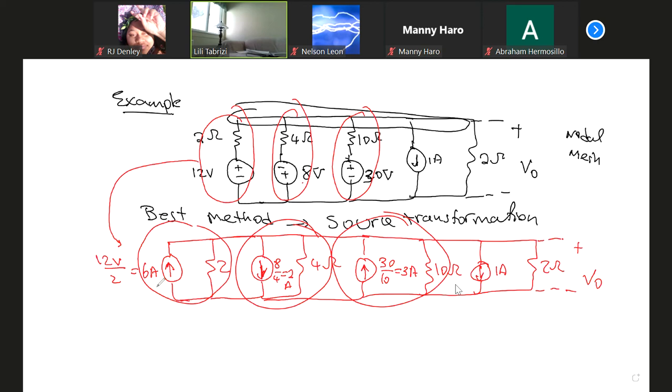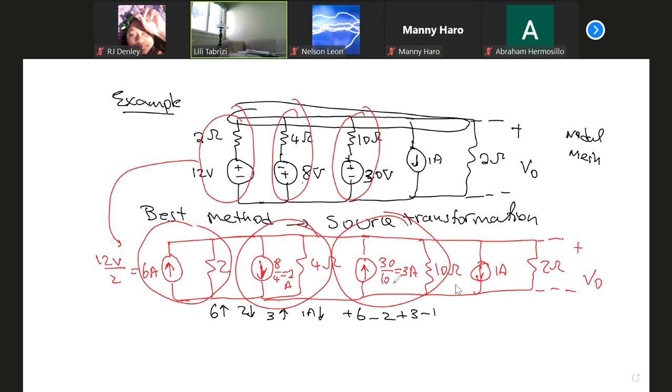How do I simplify? I have 6 amp going up, 2 amp going down, 2 amp going down, 3 amp going up, and 1 amp going down. For the down, I put minus. For the up, I put plus. So I have plus 6, minus 2, plus 3, minus 1.